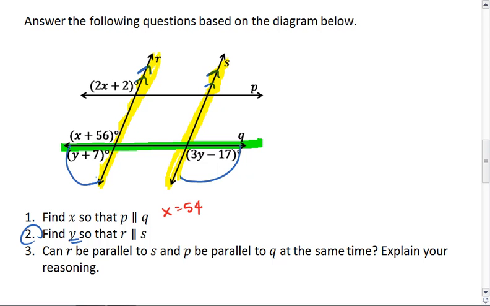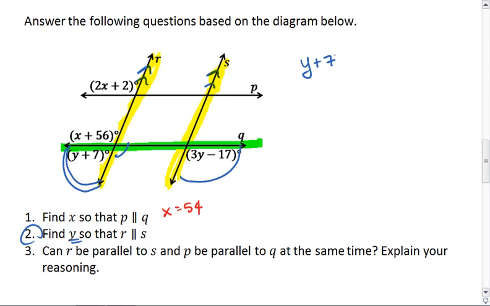Okay, y plus 7 and 3y minus 17. They're not corresponding. The corresponding angle would be here. So they're not congruent. They are in fact same side exterior angles, which makes them supplementary.